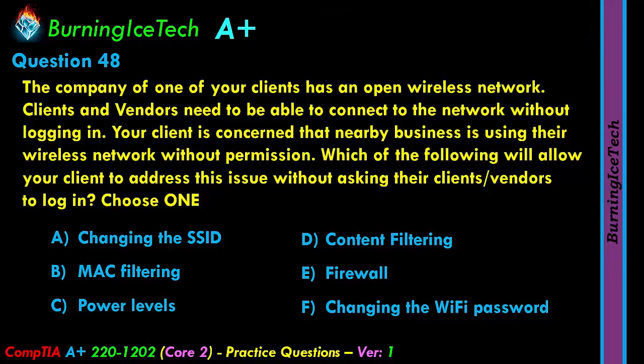It should be so weak that you shouldn't be able to connect to it. So you basically have to be within the building to be able to detect the Wi-Fi to begin with. So any nearby buildings, even though there's no password, they will not be able to detect your Wi-Fi, which means they can't jump on your free Wi-Fi. They have to be within range. They have to be within your building.